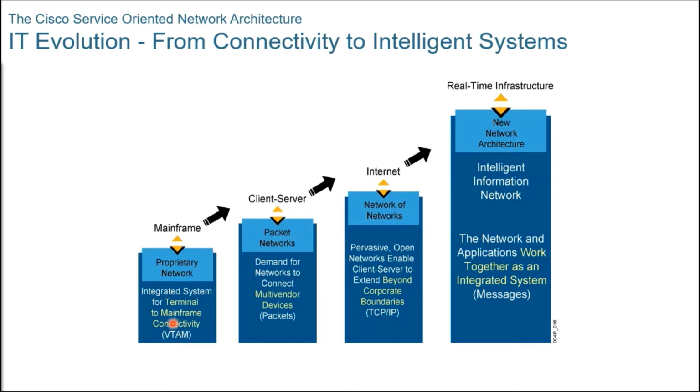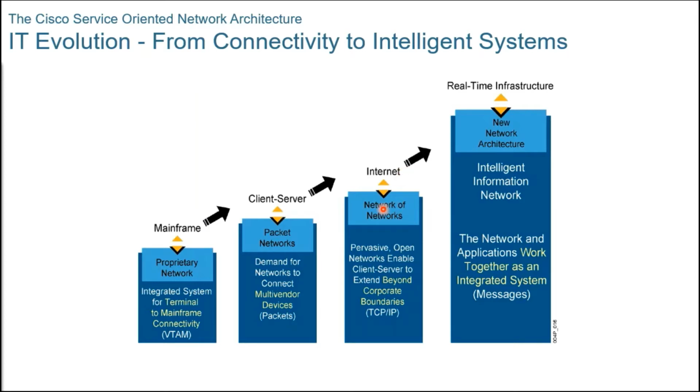We started with terminal to mainframe connectivity. Then when the client-server architecture was introduced, you got packet networks. You got the demand for networks to connect multi-vendor devices. And then the evolution of the internet.